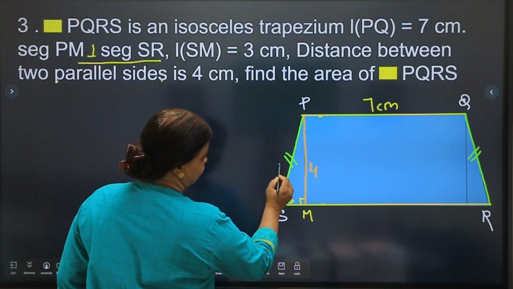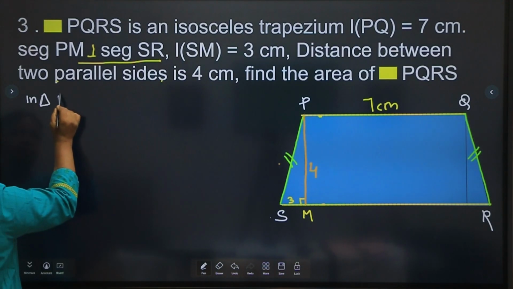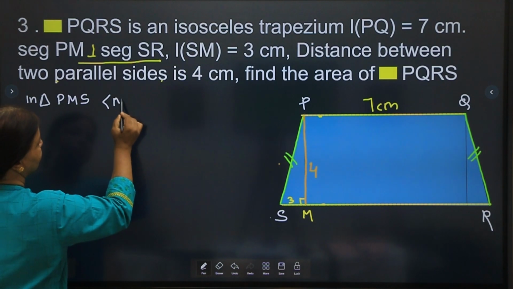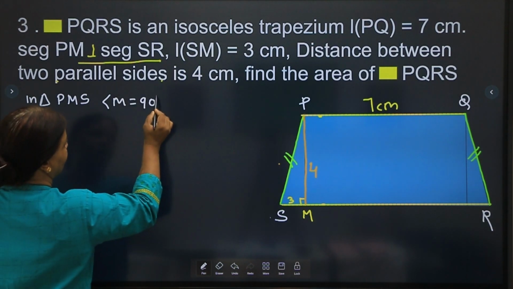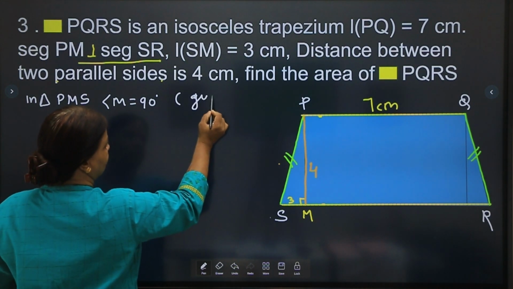Now here see, in triangle PMS, angle M is equal to 90 degree. And why? It is given. Why is it given?